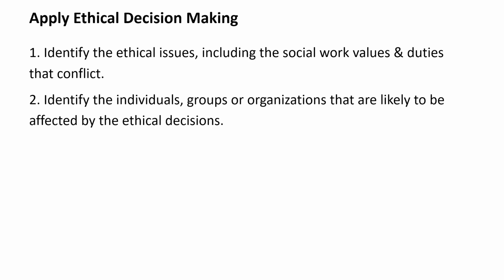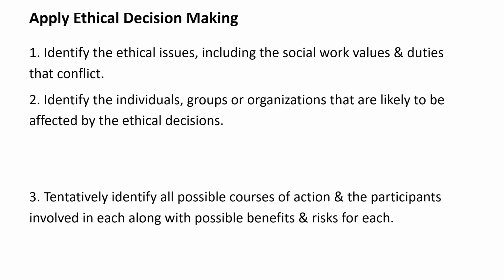Next is identifying the individuals, groups, or organizations that are likely to be affected by the ethical decisions. For this situation, we've got obviously the individual themselves, their family, the teacher, the school system, and any type of authority that overrides that institution. So there are a number of different individuals and groups that could be affected.